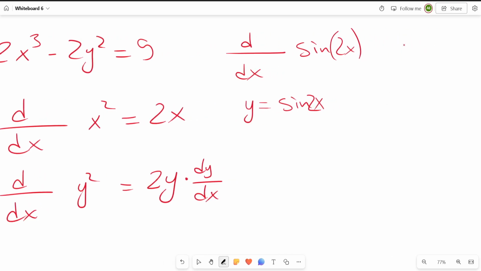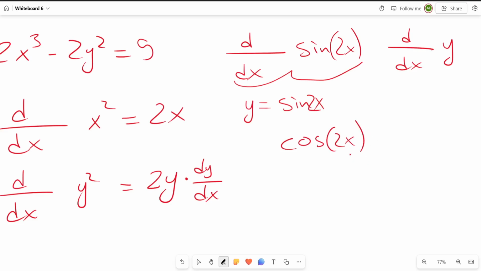I'm differentiating y, correct? If I want to use the chain rule to differentiate this, it's going to be the differentiation of sine, so cosine 2x, and then we multiply by the differentiation of what is inside. The differentiation of 2x is basically 2. It's the same thing.